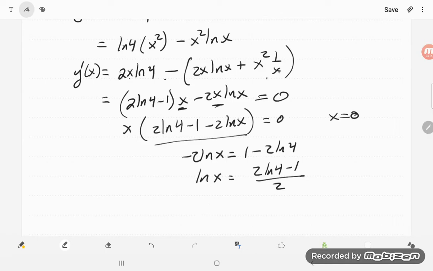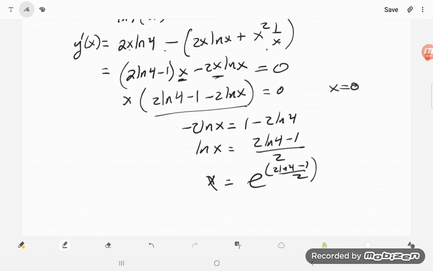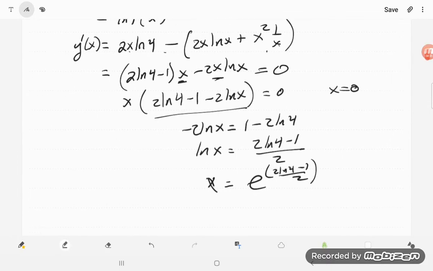And so x is equal to e to that number, 2 log 4 minus 1 over 2. So there is a critical number, and of course the question is, is that a max or a min or what? I don't know.